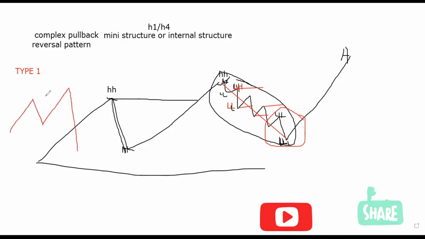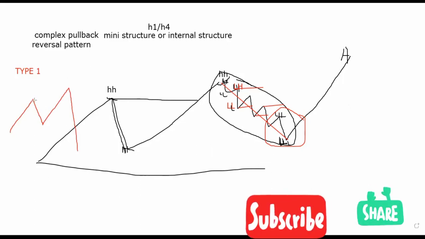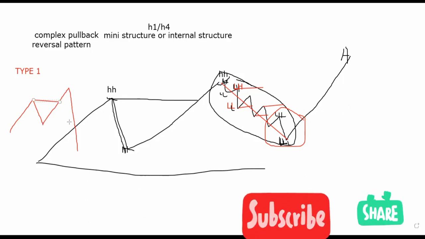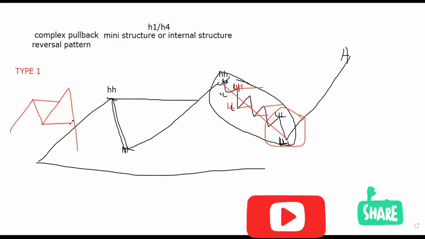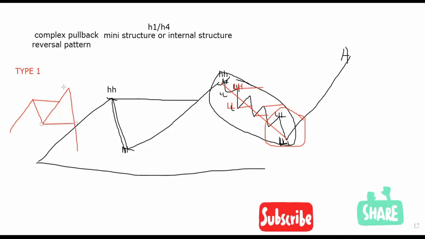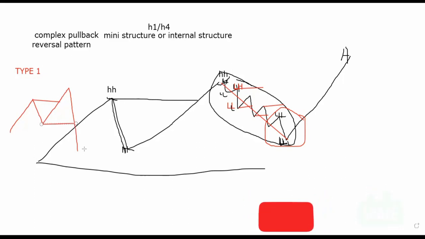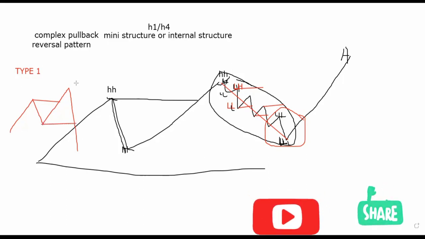What you use to differentiate it is that there will always be a BMS to the upside and a BMS to the downside. This is your type 1. Are you with me? That's for your type 1.